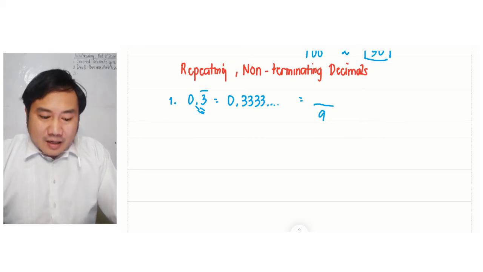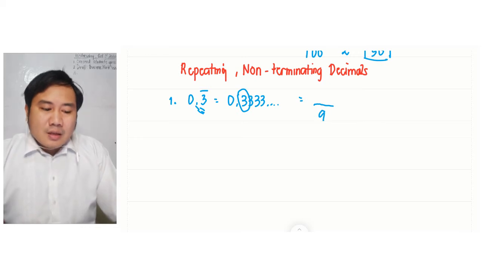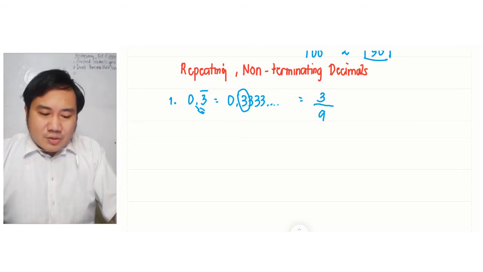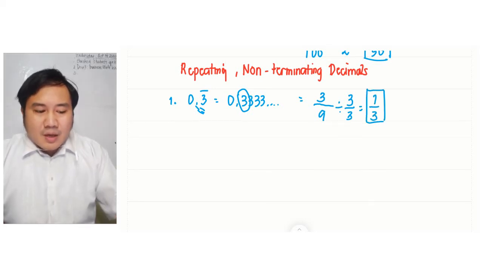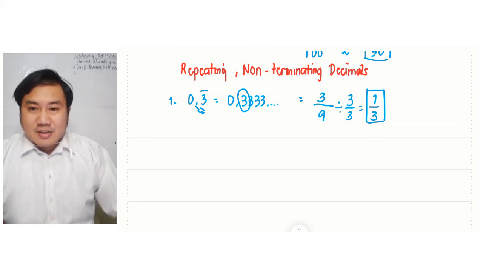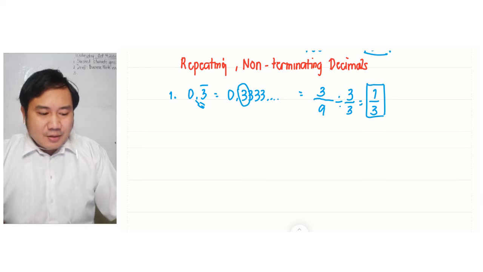Okay? And then, you're just going to write yung digit na ulit on your numerator, and that is 3. And then just reduce it to lowest term. Divide the numerator and the denominator by 3, so that is 1/3. 0.3333 is equal to 1/3 in fraction. Let's have another example.